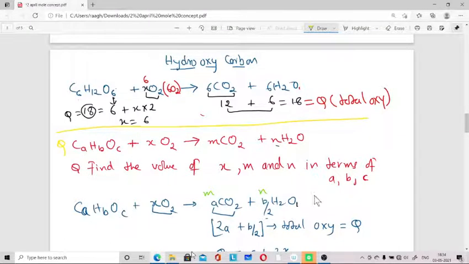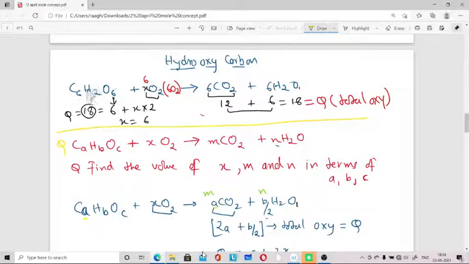Now how to solve it? Here, where we had 6 carbon, we got 6 CO2. Here we have a carbon, so a CO2. So M is your a. Got it? M is your a.